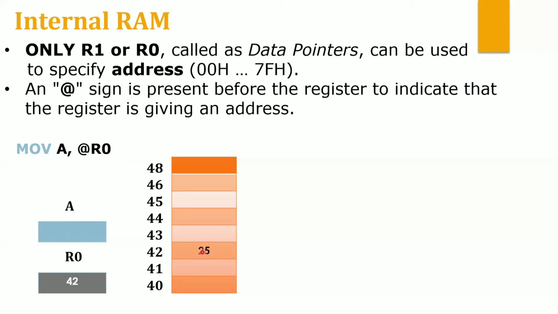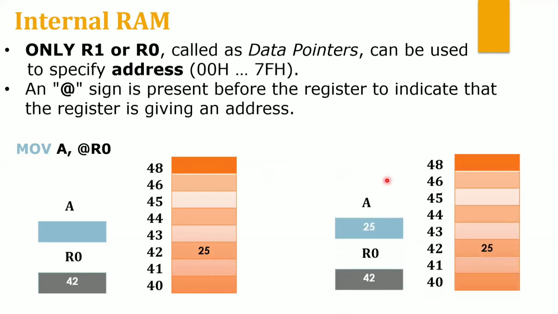It has to be 25 because I have written @. Whenever you write @, this 42 becomes an address. The address holds this value, and that value will be copied to your A register, right? Now see, the A register consists of 25. R0 still consists of 42 because we cannot modify its contents. We are just pointing to the data present in location 42, which is in your R0.